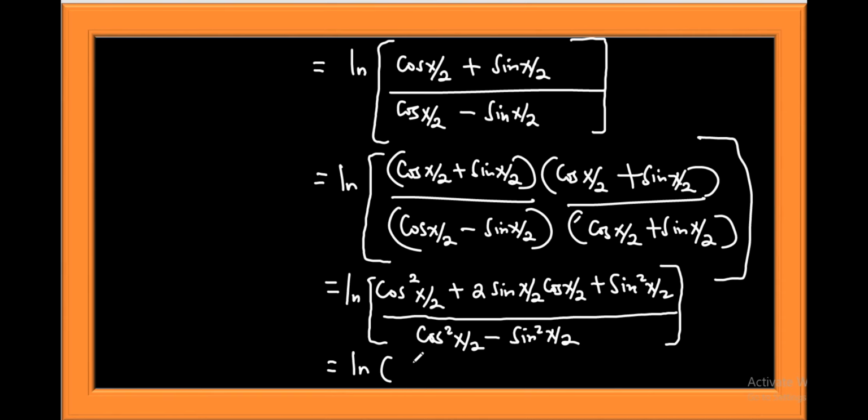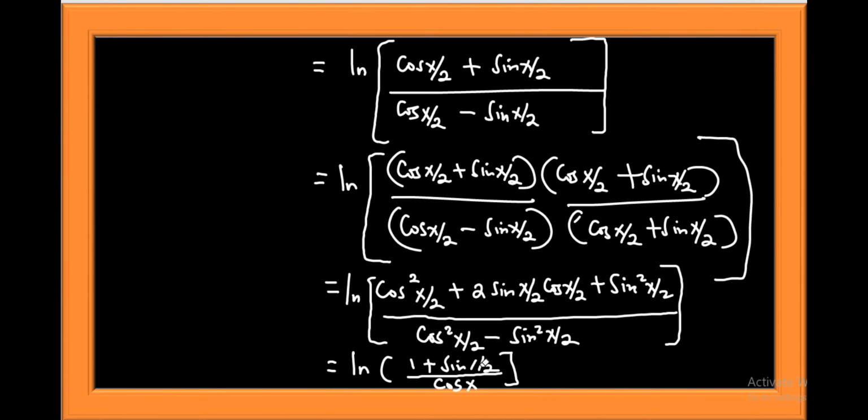Natural log of 1 plus, and then 2 sin x out of 2 cos x out of 2 is just the same as sin x, from double angles and half angles. Then all this divided by cos squared x out of 2 minus sin squared x out of 2, which is just the same as cos x. And then I beg your pardon for the sin x out of 2 that I've written here.